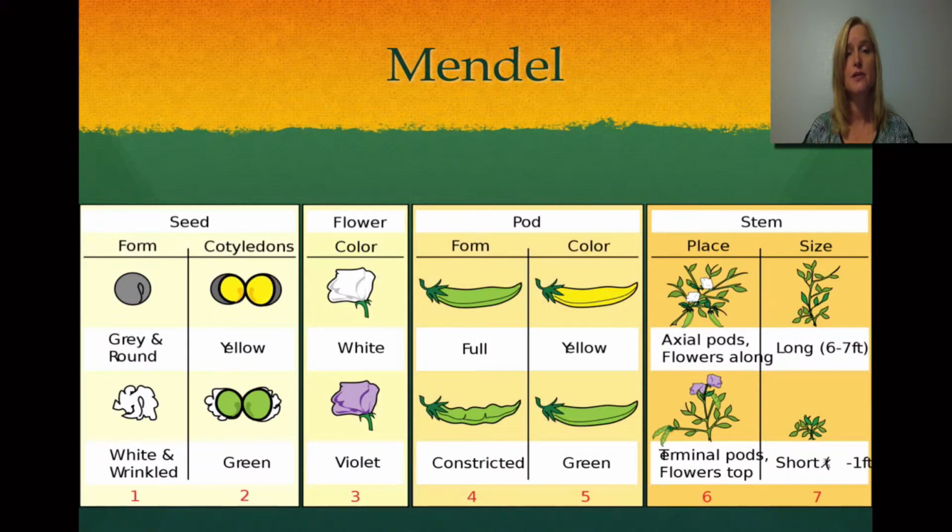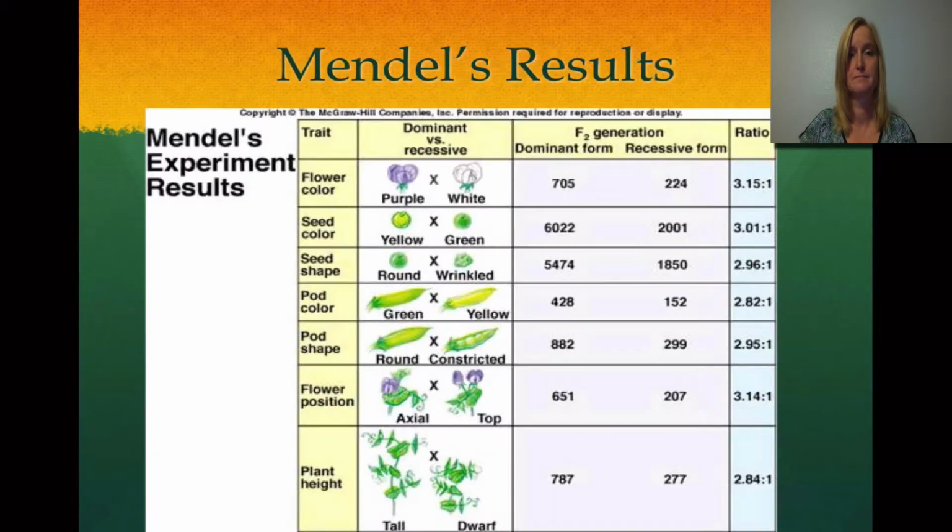And he was very curious about how these traits occurred and how these traits were passed on from one generation to another. So he did hundreds of experiments with pea plants. What he found out from his experiments was that when he paired a purple plant with a white plant, he would get all purple offspring.